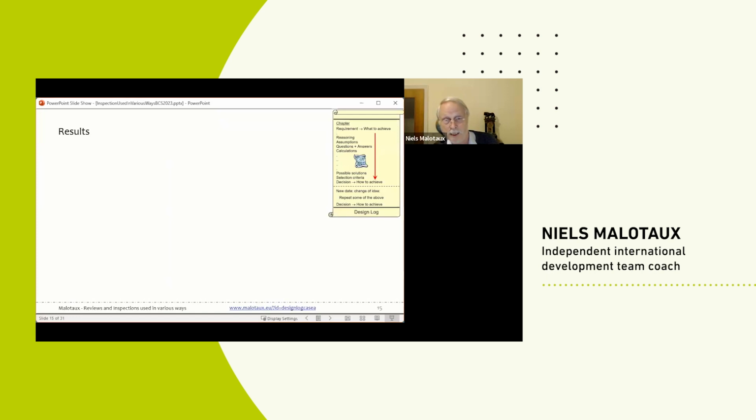What was the result of it? James said, okay, from now on, it's not allowed to code until the design log is reviewed. So we found that the document that was there didn't show why we wanted to do something and whether what we wanted to do was correct to solve that.